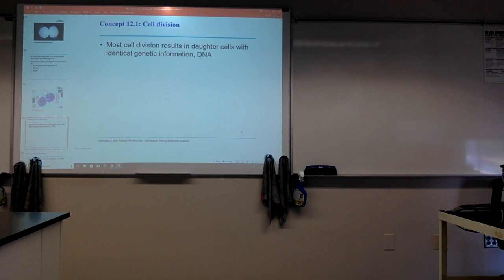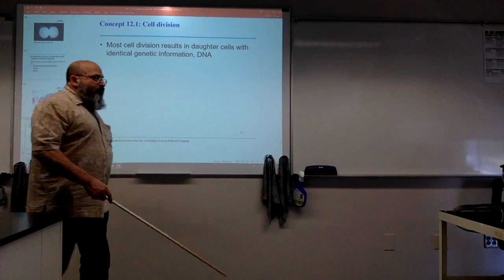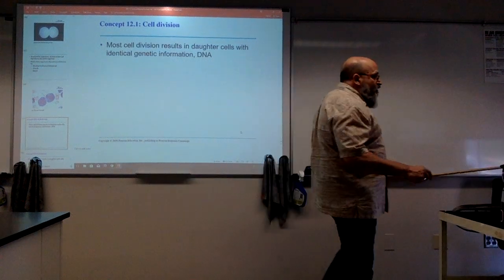Why is that? Because the DNA replicated, okay? The DNA replicated, and this cell got an entire complement of DNA, and this cell got an entire complement. So these are all genetically identical. And that's what mitosis produces, genetically identical cells.